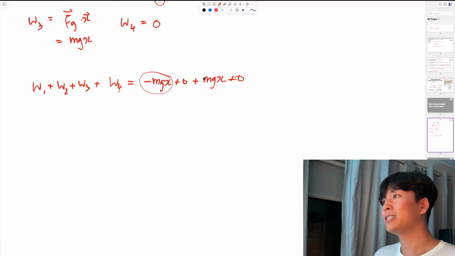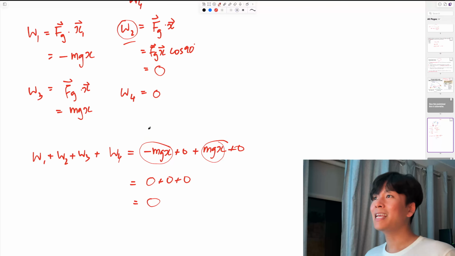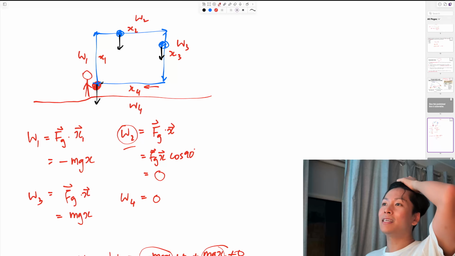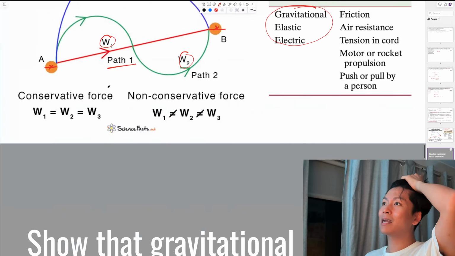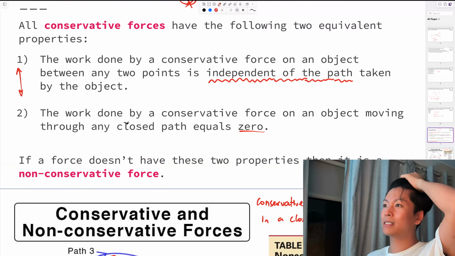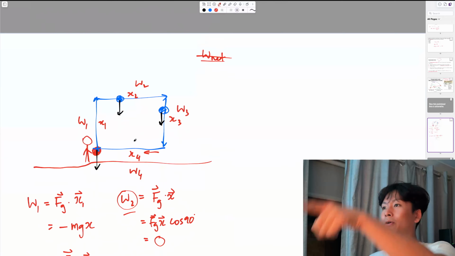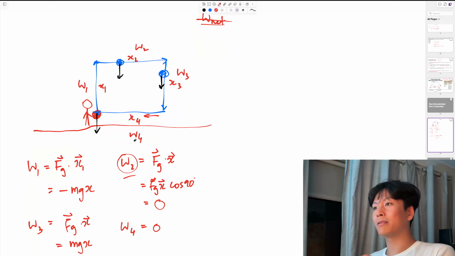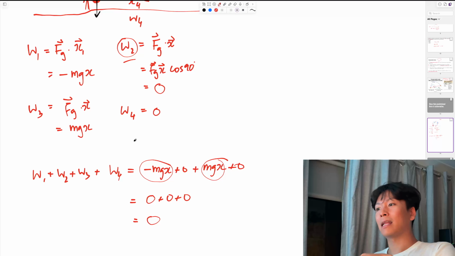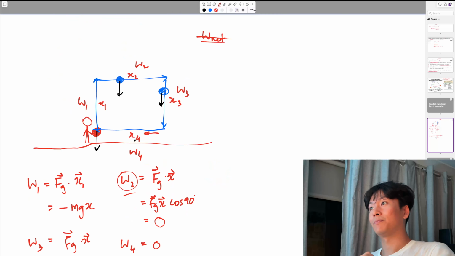So minus mgx plus mgx becomes 0, so you get 0 plus 0 plus 0, which is 0. So we see that work done by gravity in this loop is equal to 0, which satisfies our condition: the work done by a conservative force on an object moving through any closed path equals 0. And so that's why we can say that gravitational force is a conservative force.